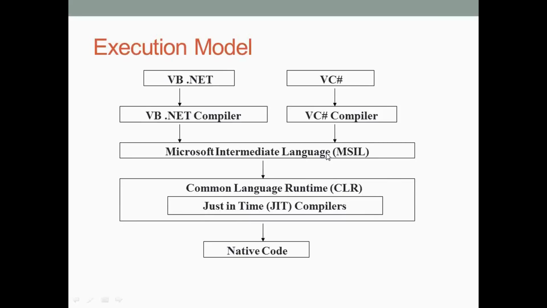I simply want to show you in one line: source code compiled by a specific compiler will be converted into MSIL. MSIL does not go for execution directly. First it goes to CLR. The just-in-time compiler component of CLR will convert it into native machine code, and then this native machine code goes for execution.